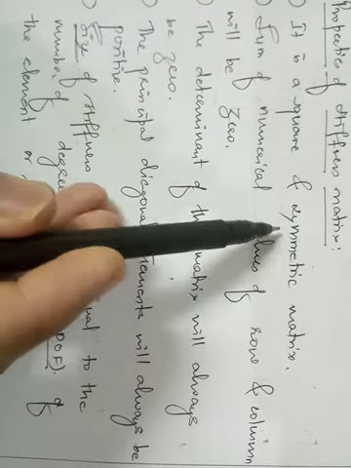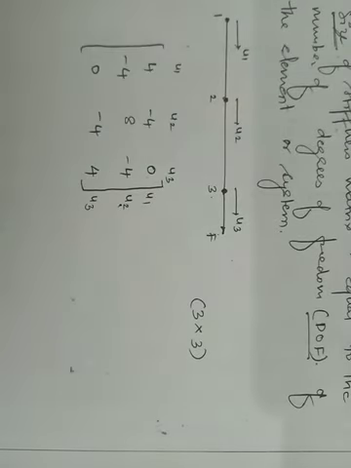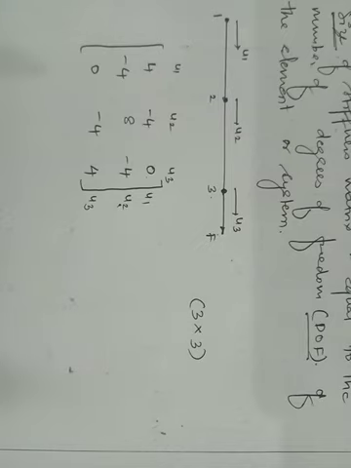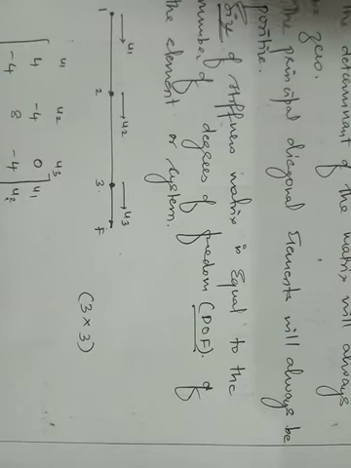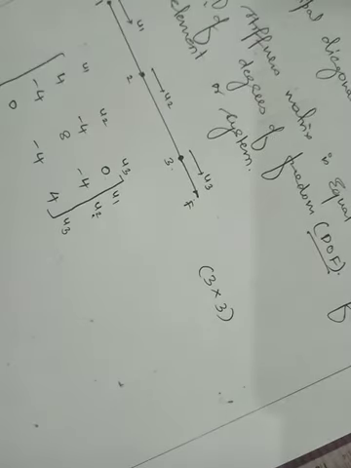Now what is our first property? It is a square and symmetric matrix. It is a square matrix because the number of rows is equal to the number of columns. Now the second part says that it is a symmetric matrix. So what do you mean by a symmetric matrix?